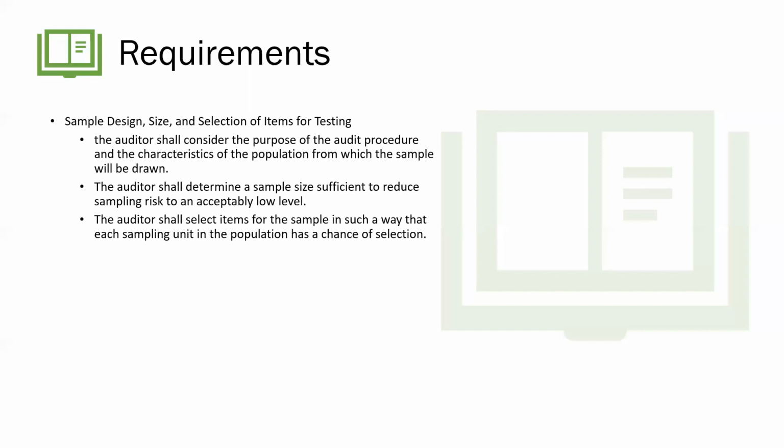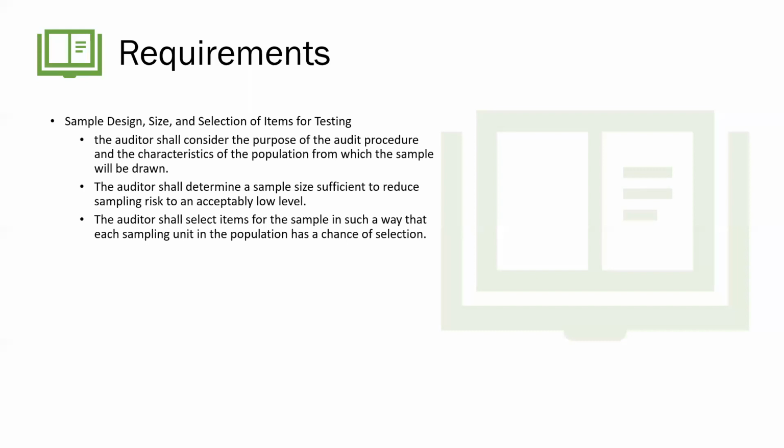So for an example, if I am using the age analysis as my population from where I'm going to select a sample, I need to make sure that that population I'm selecting my sample from is complete. How do I make sure that the age analysis is complete? By ensuring that it ties back to the amount that's reflected on the GL, back to the amount that's reflected on the TB, back to the amount that is ultimately reflected in financial statements.